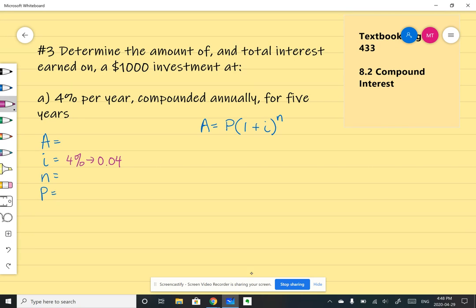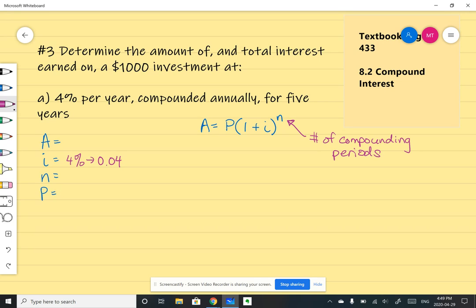Lastly, we have N. It's really important to remember that N represents the number of compounding periods. It doesn't represent the number of years. I think that was a mistake that a few people made on the lesson 2 exit ticket.